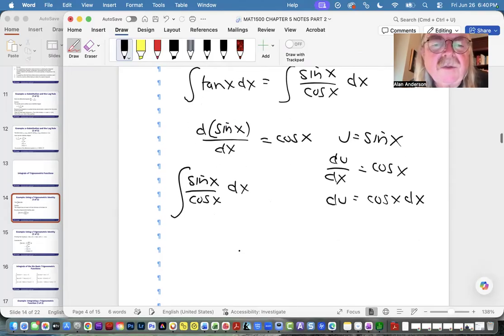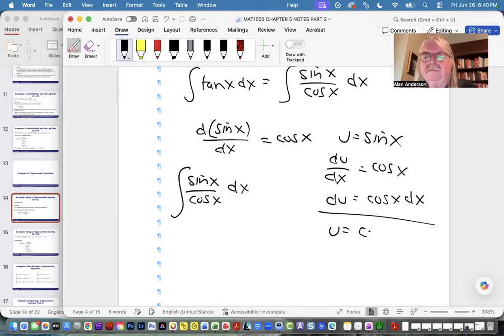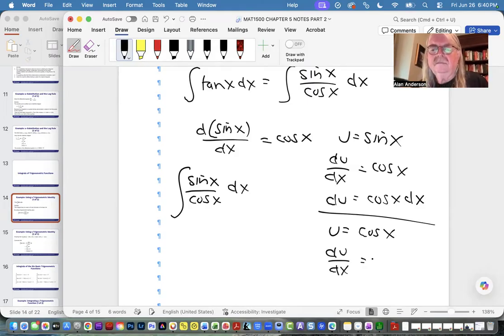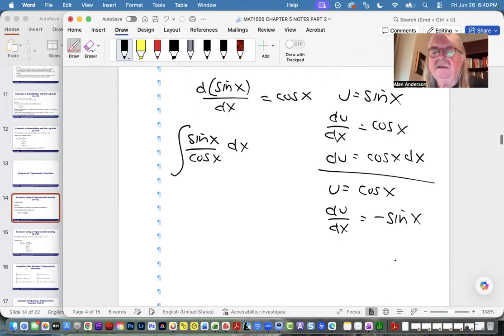We can replace this with, oh, that's not going to help, is it? Because the cosine is in the denominator. So I guess we better try something else. That might be better.